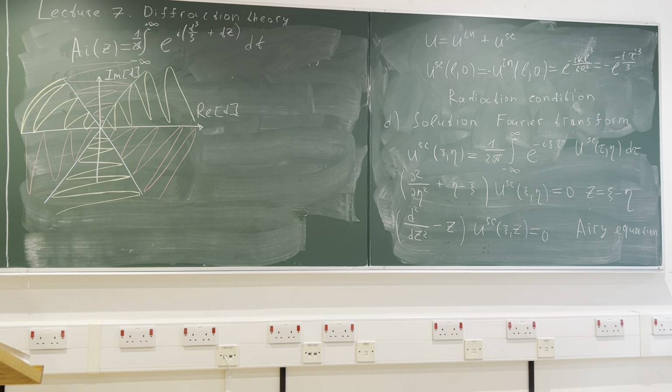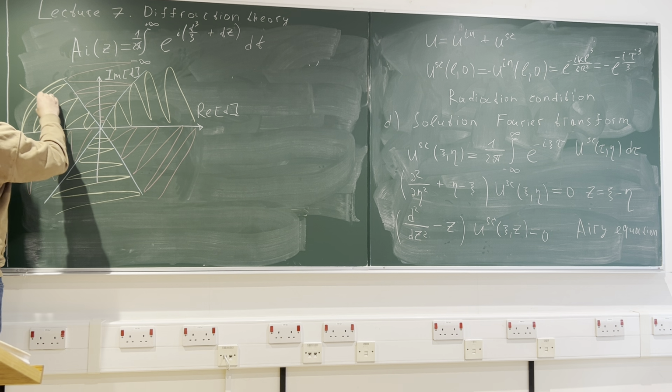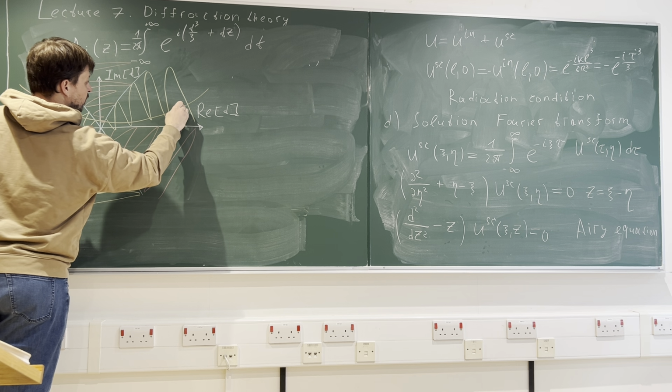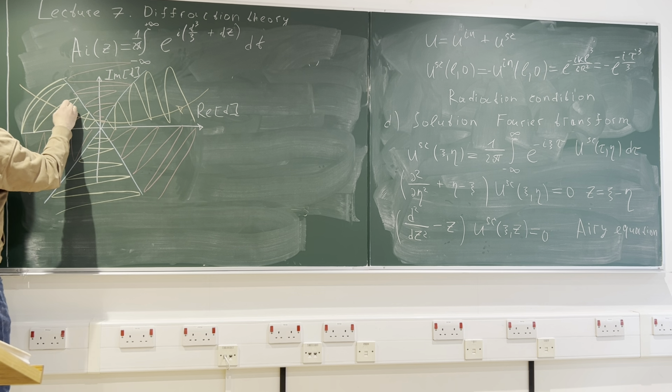So the integral converges, but does not converge absolutely. It oscillates, and for the sake of safety, and that's probably what's written in Wikipedia, the contour of integration should go like this. So I just slightly deformed it.